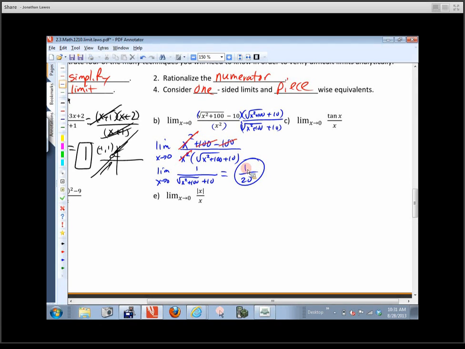Now, can you imagine throwing that into your calculator and plugging in numbers that are really close to 0 on either side, or graphing it and zooming in so you're really close and taking a guess at 1/20? 1/20 is 0.05, but a lot of the ones that we did on the calculator, or the ones that we did as guesses earlier this week, it was pretty clear it was getting to a whole number.